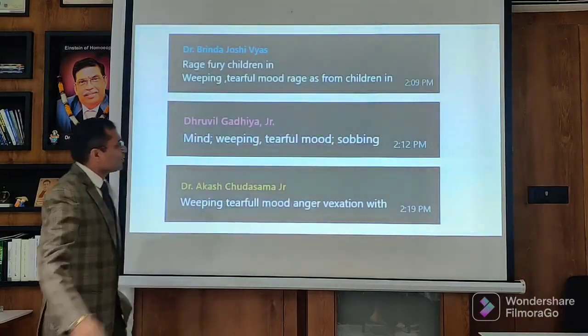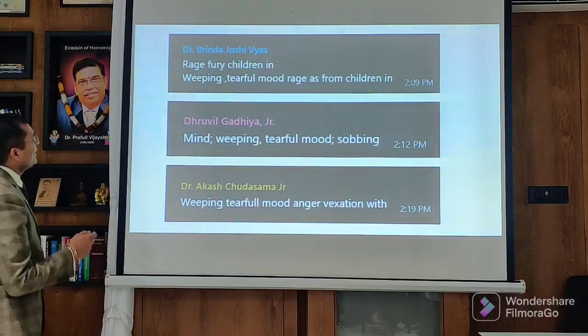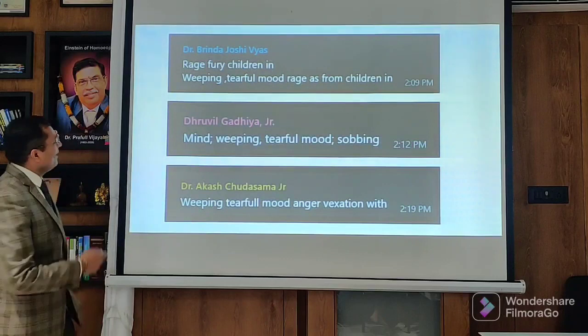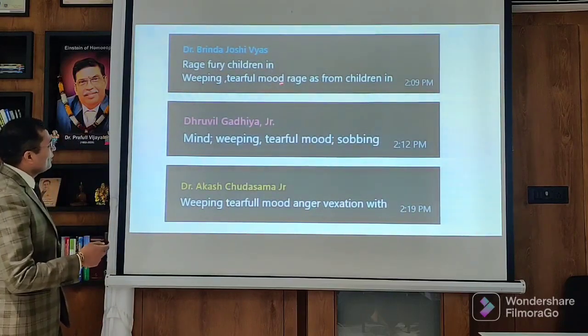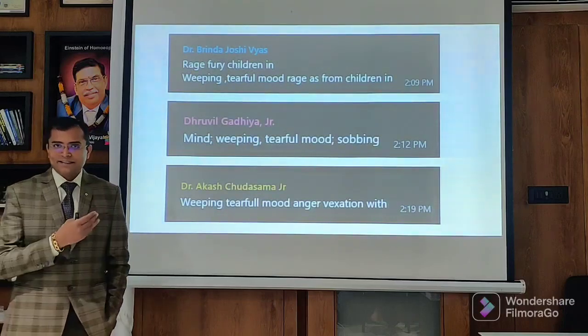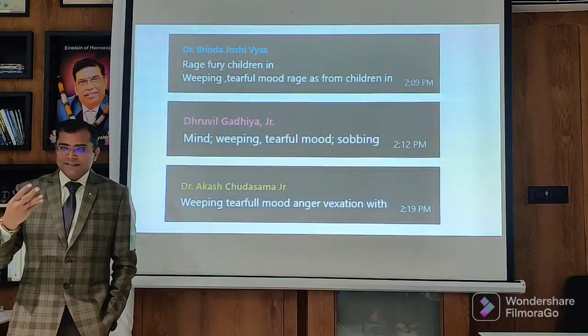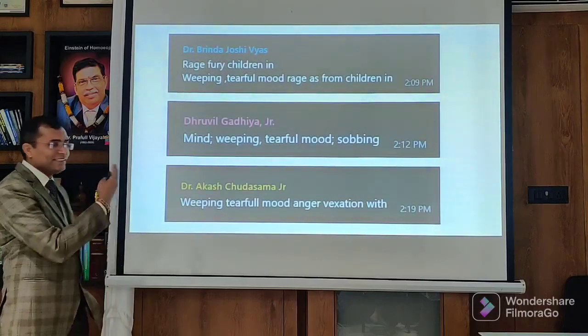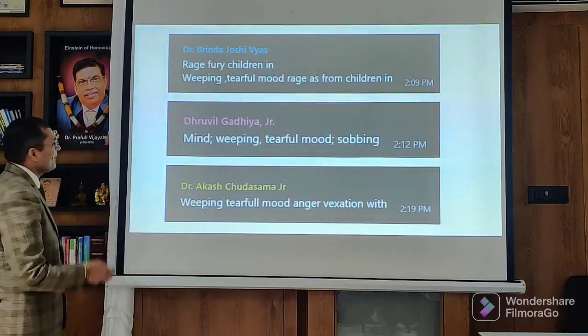Let's see. Most of you have given rubrics. Dr. Brinda has given rage, fury, children. Another rubric is weeping, tearful mood, rage, ailments from, children in. You have seen that he is crying. We will see the same video again.